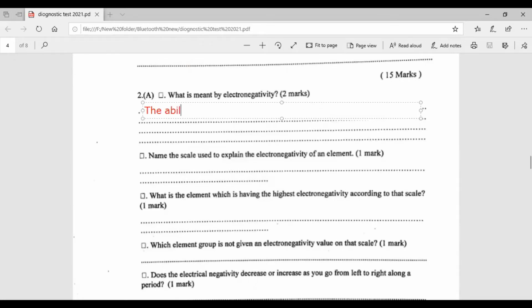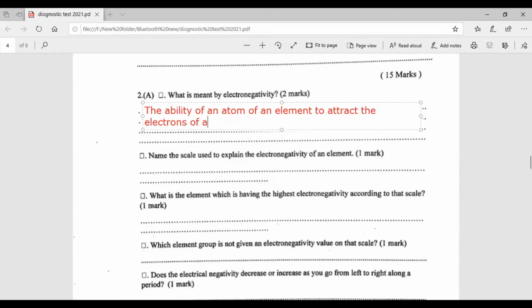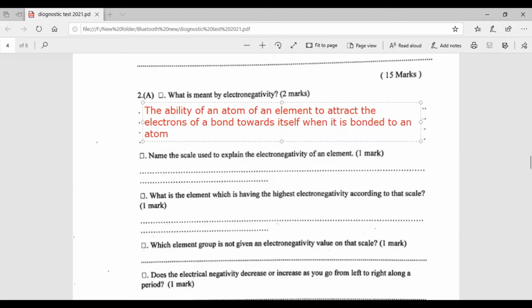The ability of an atom of an element to attract the electrons of a bond towards itself when it is bonded to an atom of another element. This is the definition for electronegativity.